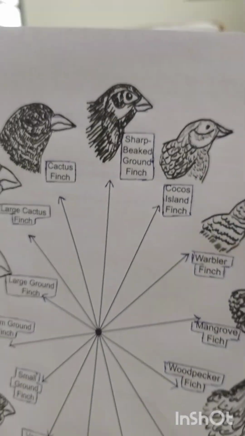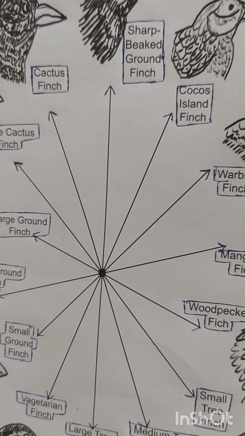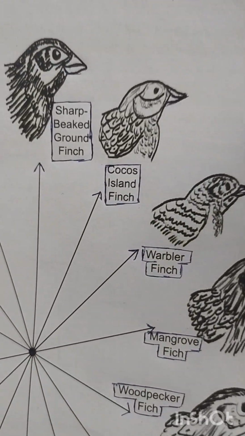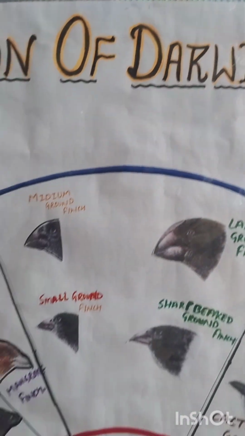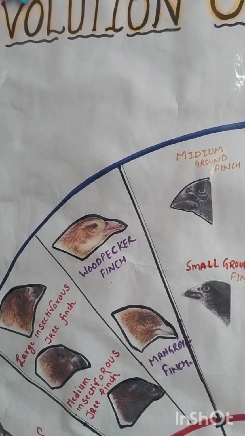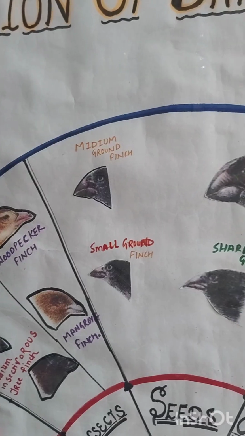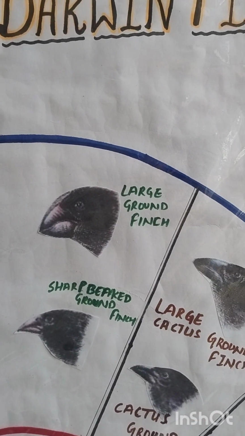This is a full chart showing the different kinds of variations in the bird beak. This is the evolution of Darwin's finches. Again, you can see variations in the distribution of birds as well as the beak, depending upon the variation in their environment.